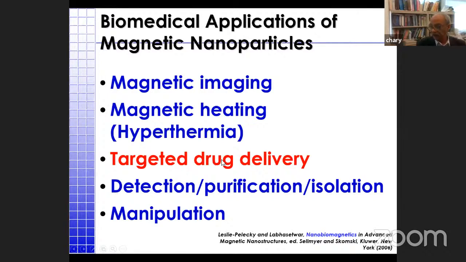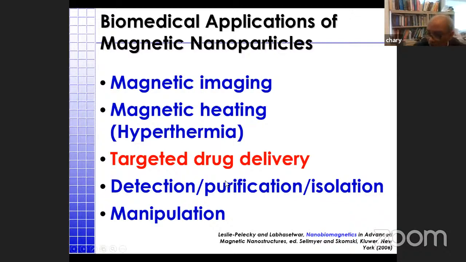And targeted drug delivery. Can I deliver the drugs directly to a particular spot in the human body rather than circulate the drug through the entire body? That is another area that is picking up interest. This way we can minimize the damage to healthy cells and cure only the cells that need repair. And of course, there is detection, purification, isolation, and manipulation of cells.